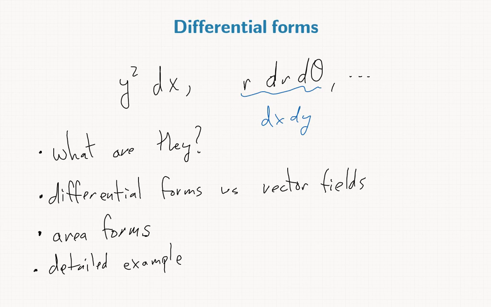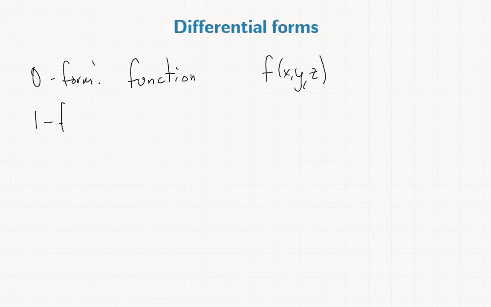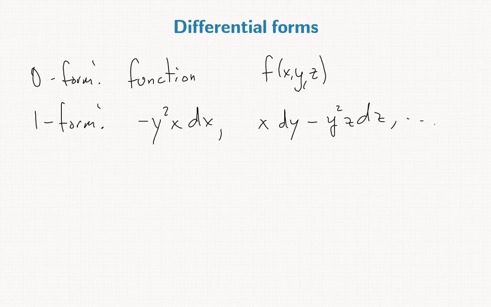Okay, so first of all, a zero form is just a function of however many variables. So like f of x, y, z. A one form is an expression like negative y squared x dx, or x dy minus y squared z dz, or so on.